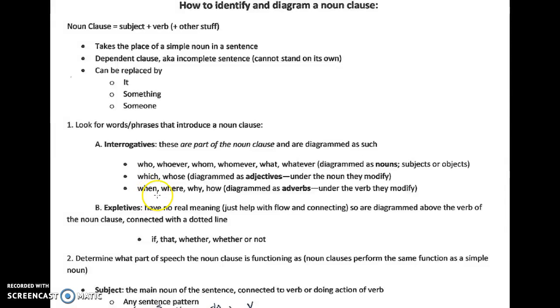And then the last one is when, where, why, and how. These answer those adverb questions, so they're diagrammed as adverbs under the verb they modify. So don't think about where in the sentence they fall, because that might lead you astray. Think about how they're functioning, if they're functioning as nouns, adjectives, or adverbs, and then put them in the appropriate location.